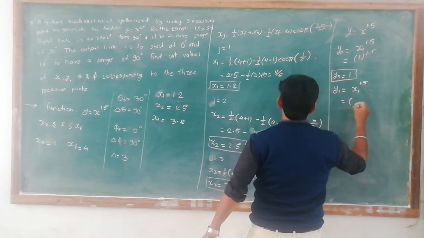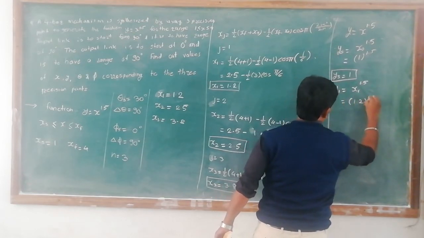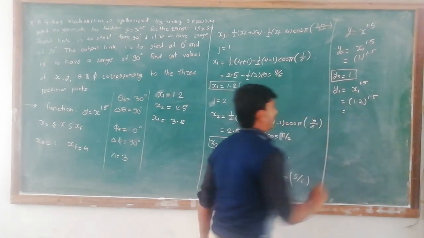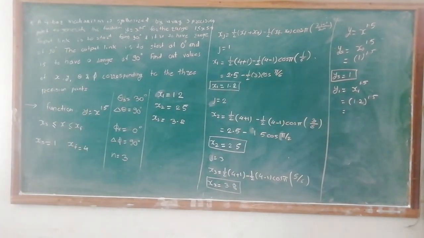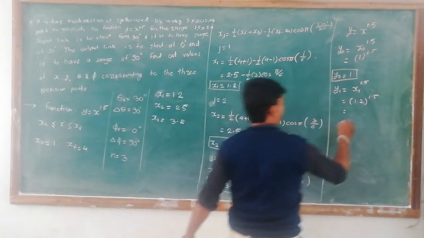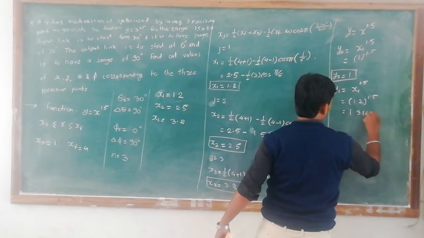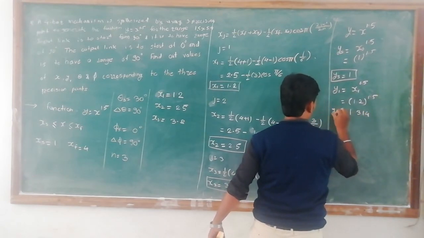What is the value of x1? x1 is equal to 1.2, so 1.2 raised to 1.5, so y1 is equal to 1.314.